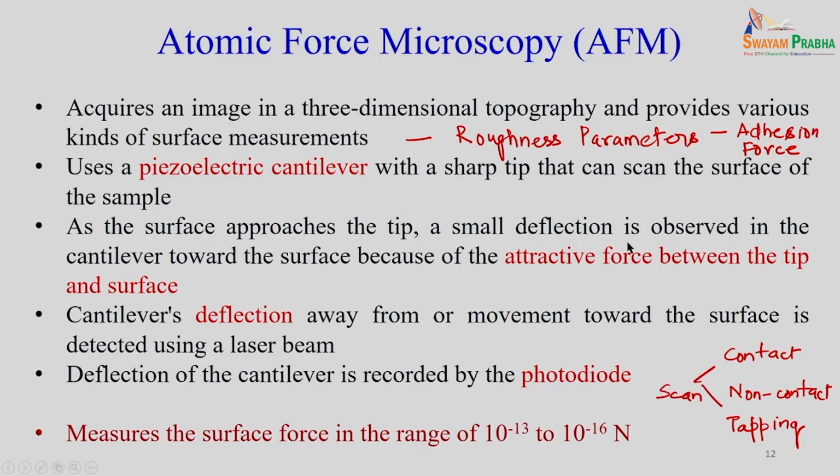A small deflection is observed because of the attractive interaction between the tip and surface, but when it goes even closer, there will again be repulsive forces. Because of these attractive and repulsive forces there will be deflection, and the cantilever's deflection away from or its movement towards the surface is detected using a laser beam.